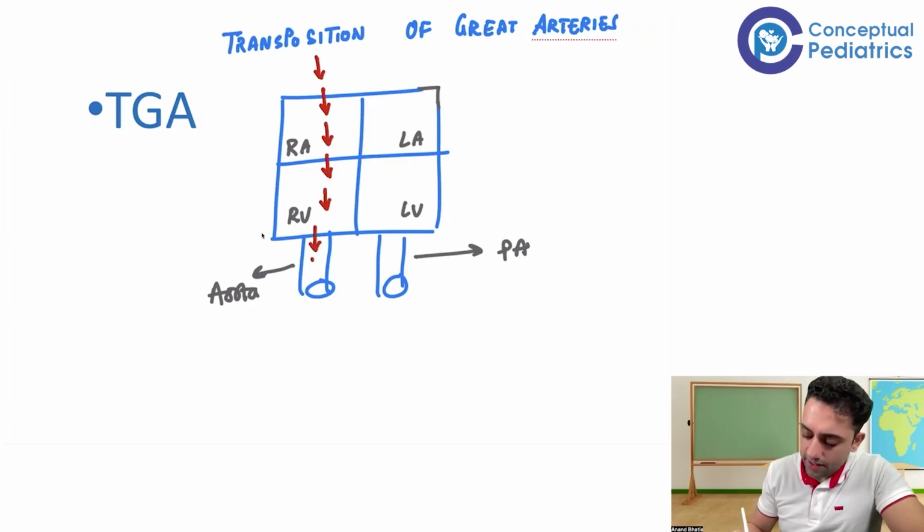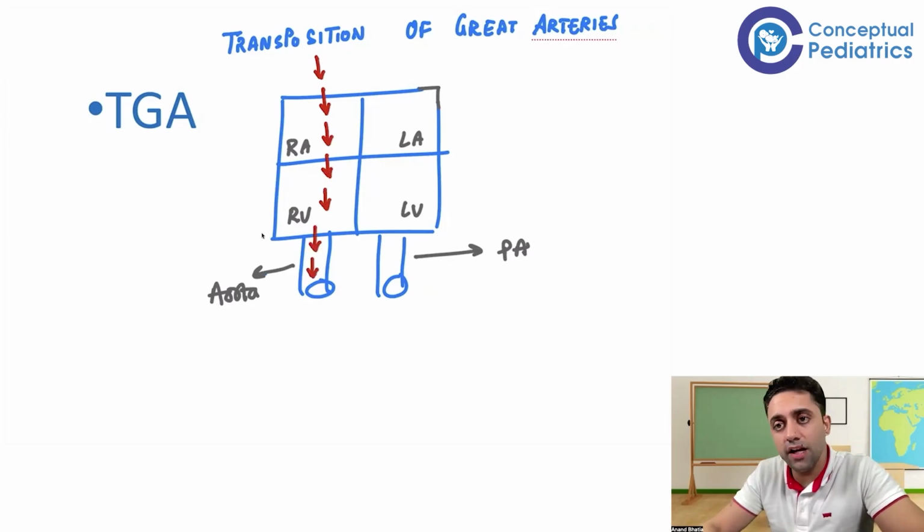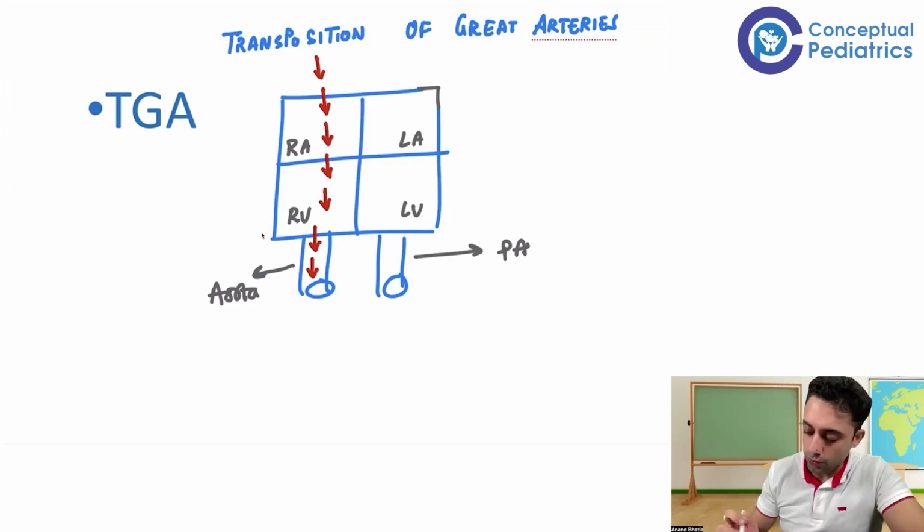From the right ventricle, normally the deoxygenated blood goes to the pulmonary artery, and because the pulmonary artery is connected to the lungs, that is how the purification and oxygenation process takes place, yes or no? But now in this condition, the deoxygenated blood from the right atrium and right ventricle is going to the aorta, not to the pulmonary artery.